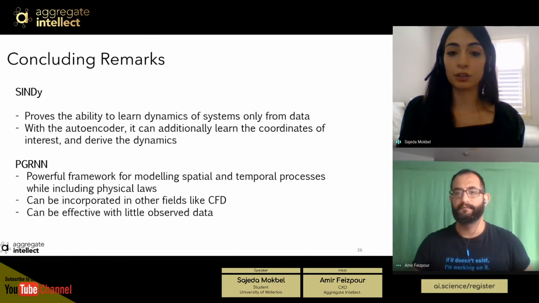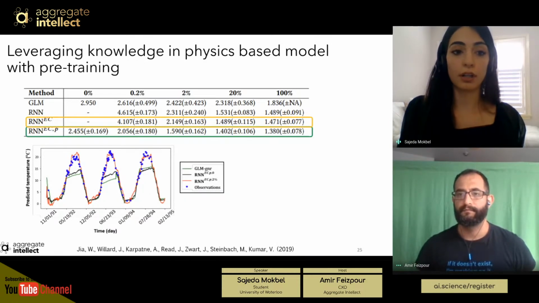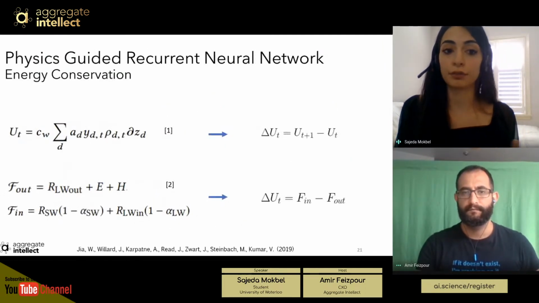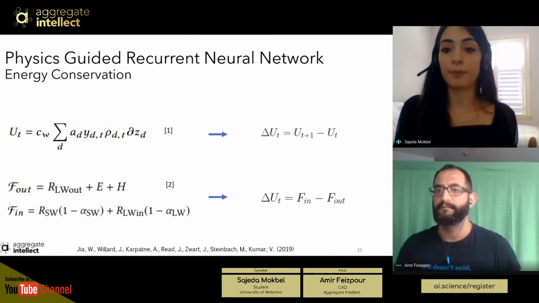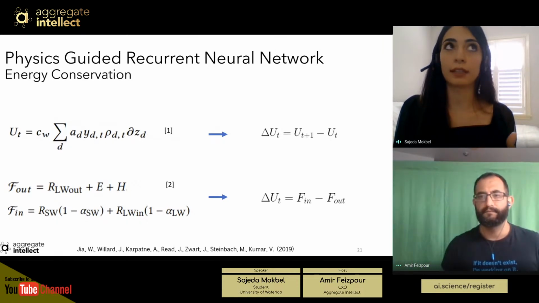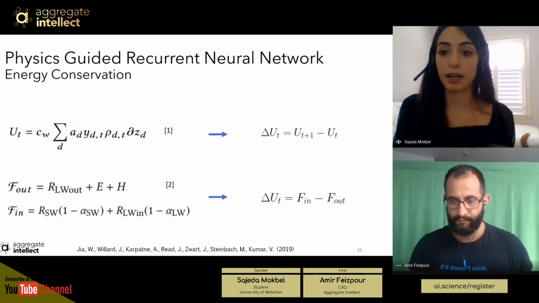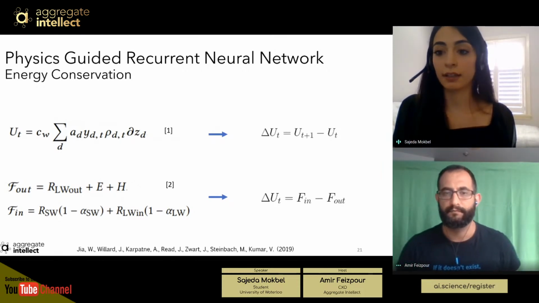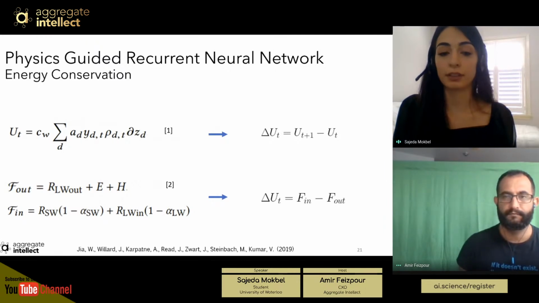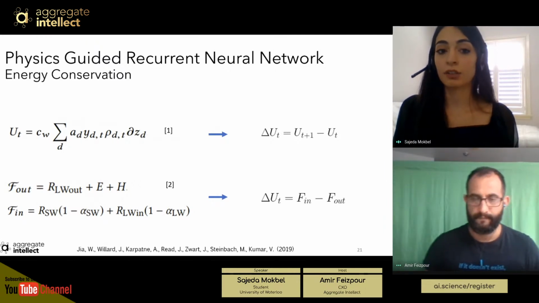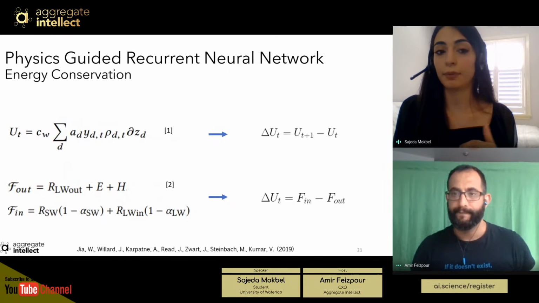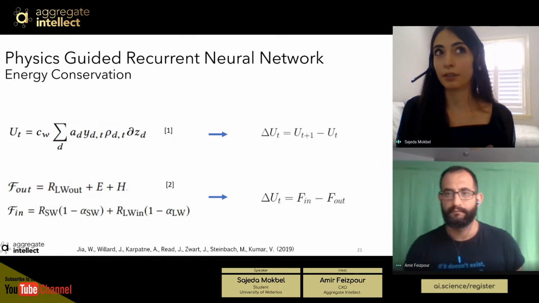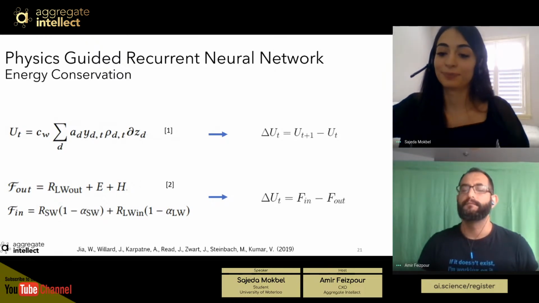But the energy equations were all derived from variables that don't need labeled data. It just used a collection of ocean and lake data, heat of vaporization, area at depth, et cetera, et cetera. So all of these terms don't rely on labeled data. That's why it helps with a reduced amount of labeled data.